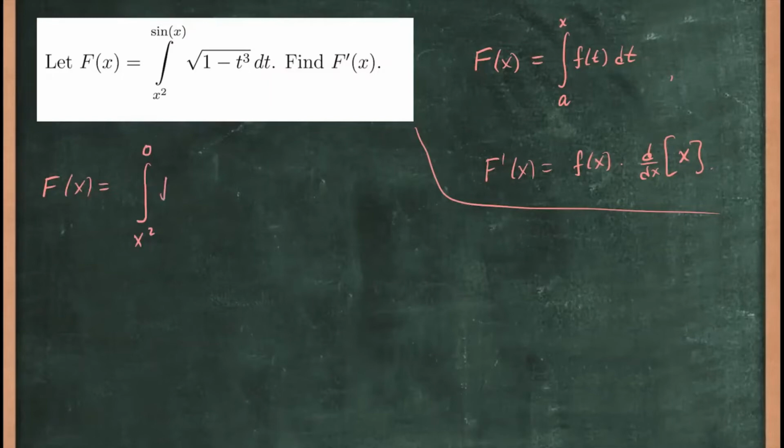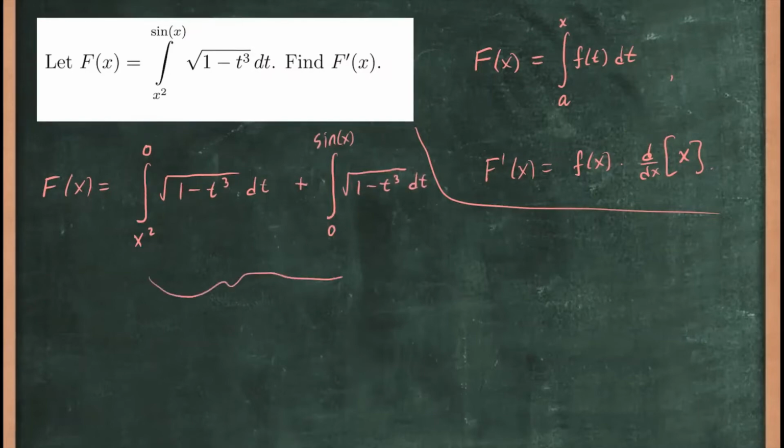And then you have the function square root of 1 minus t cubed dt, plus now the other half of the integral, which is from 0 to the upper limit sine of x of the function square root of 1 minus t cubed dt. So that's how you rewrite the function, because together you have this guy right here.